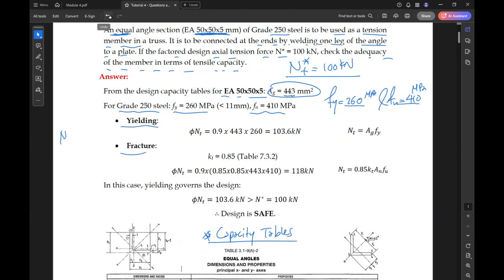We mentioned that N star should be less than or equal to phi Nt, where Nt has two values: area gross times f yield, or area net, sorry, 0.85 kt An times f ultimate. Okay, and we mentioned that we have to pick the lesser.